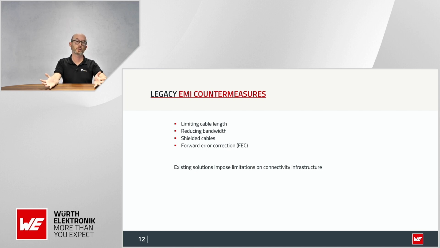What are usual legacy EMI countermeasures? We can limit the cable length and we can reduce the bandwidth. Limiting cable length, of course, gives the system less possibility to induce unwanted noises. And reducing the bandwidth will close the opening bandwidth of the receiver, which of course also doesn't amplify noise in a higher way.